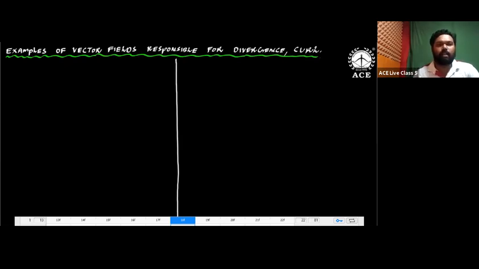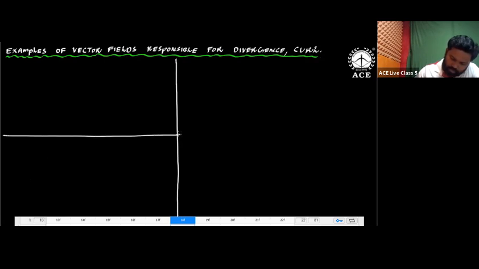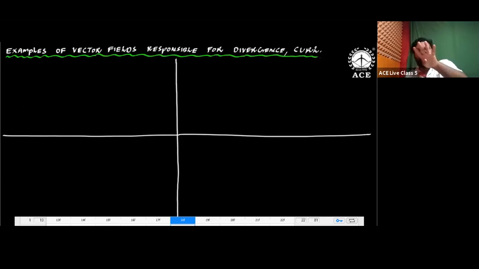Okay, let us focus on examples of vector fields responsible for curl, divergence. Now let us take some 4 examples here. Observe here, I'll take some 4 straightforward fields.